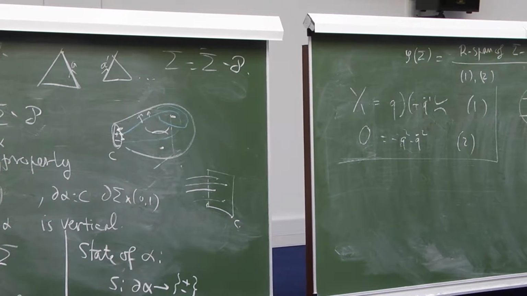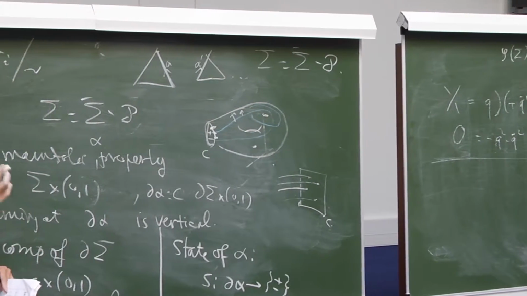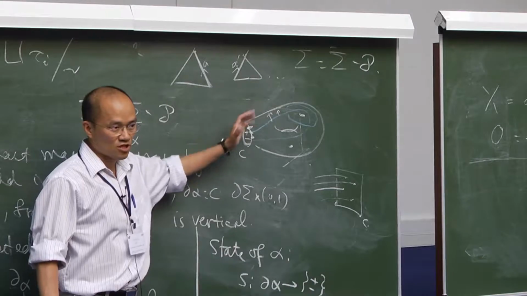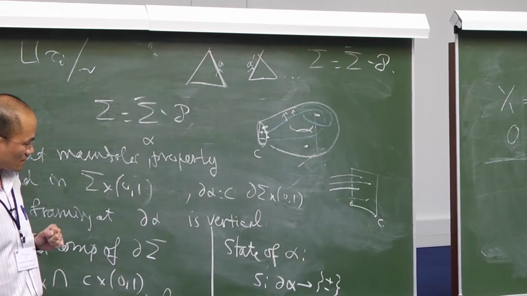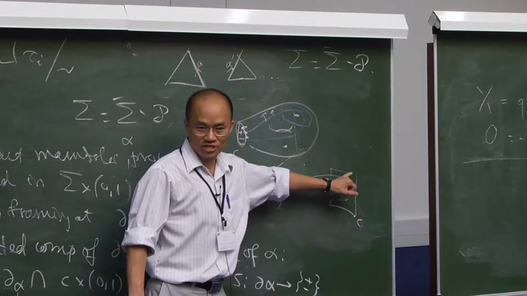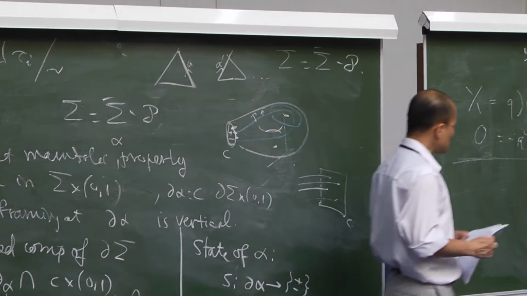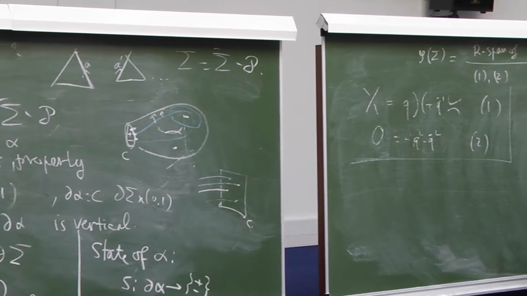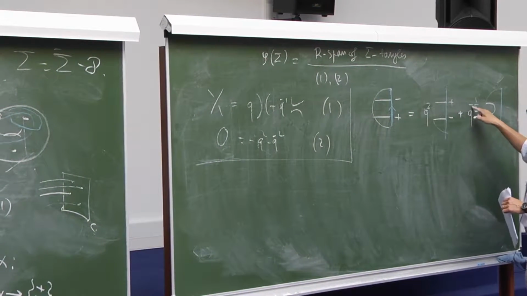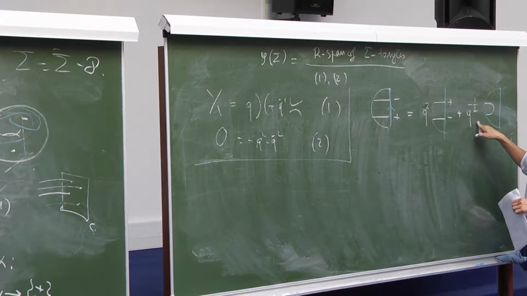A state is just an assignment of signs on the boundary points, arbitrarily plus or minus. Behind the height here, I also have plus or minus on each point. What is the power of Q? Q squared, Q to the negative half.